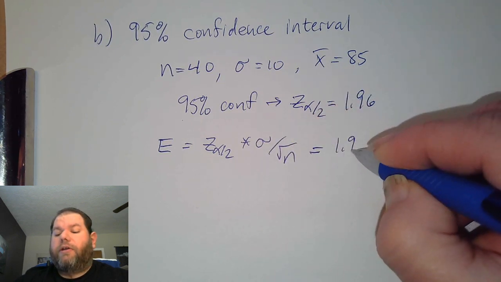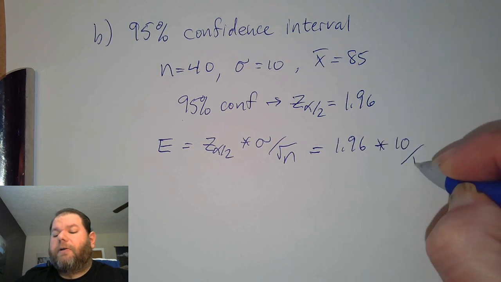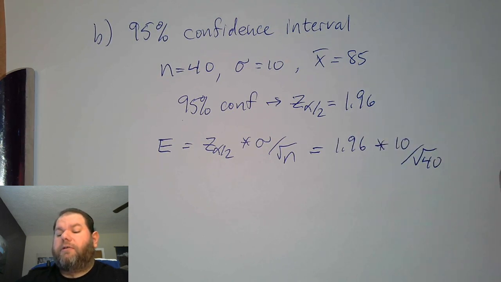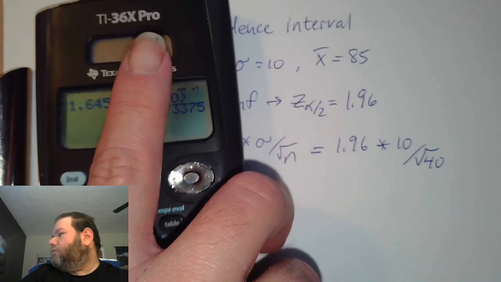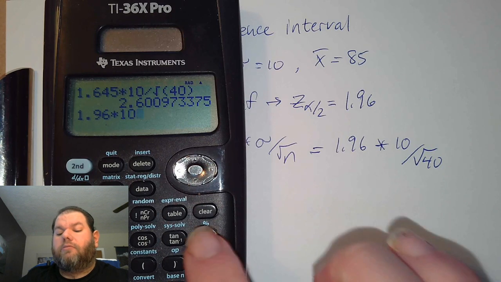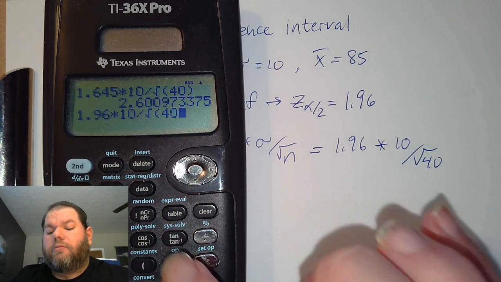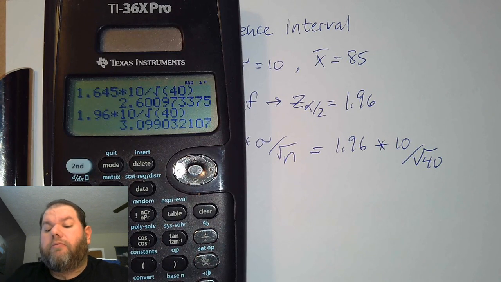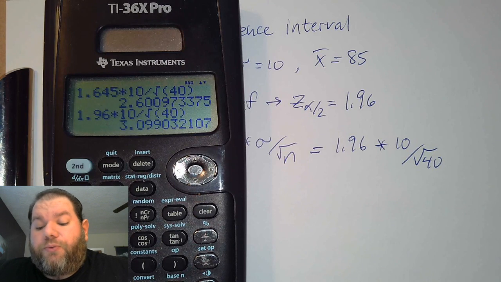So 1.96 times 10 divided by square root of 40. And so for that, I think we can round it to 3.1.